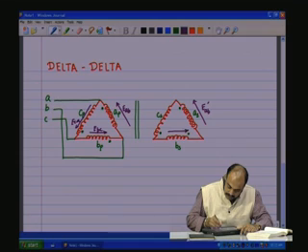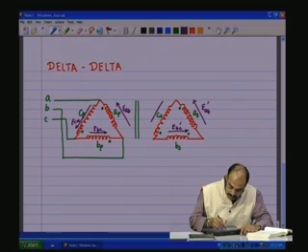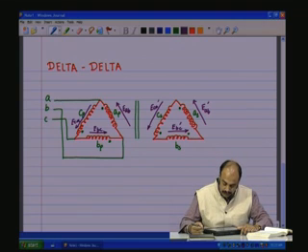This voltage will be EBC prime to indicate it is on the secondary side, and we have ECA prime to indicate that it is on the secondary side.